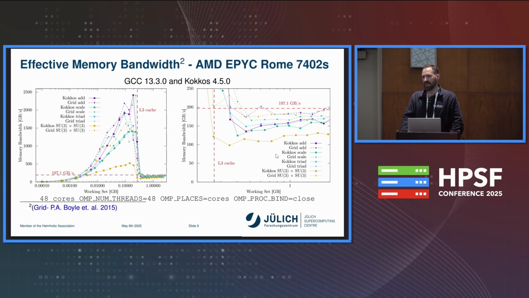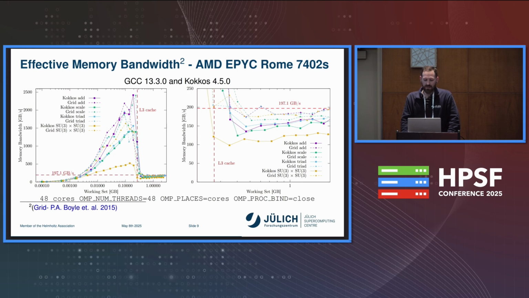So what we're comparing here is the stream benchmarks of add, scale, triad, and then we have our SU3 times SU3 multiplications. And for the most part, we're doing pretty good. We're pretty happy with the performance considering how optimized Grid is, except for our SU3 times SU3 routine, which is way down at the bottom there.